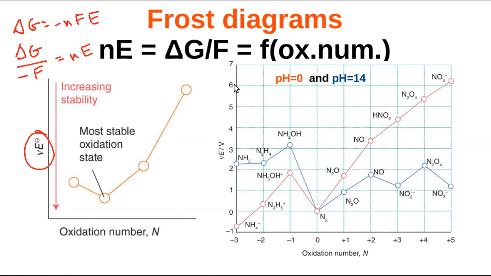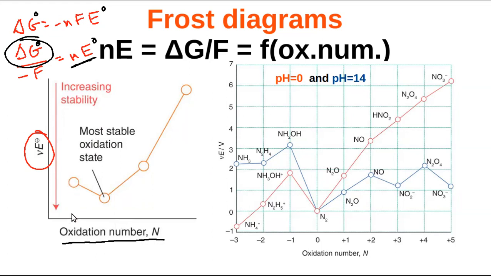If you have delta G naught, E naught, the Y value here is essentially constructed from the E and the number of electrons from the Nernst equation, but it's essentially a measure of delta G. So simple, these Frost diagrams are given as functions.